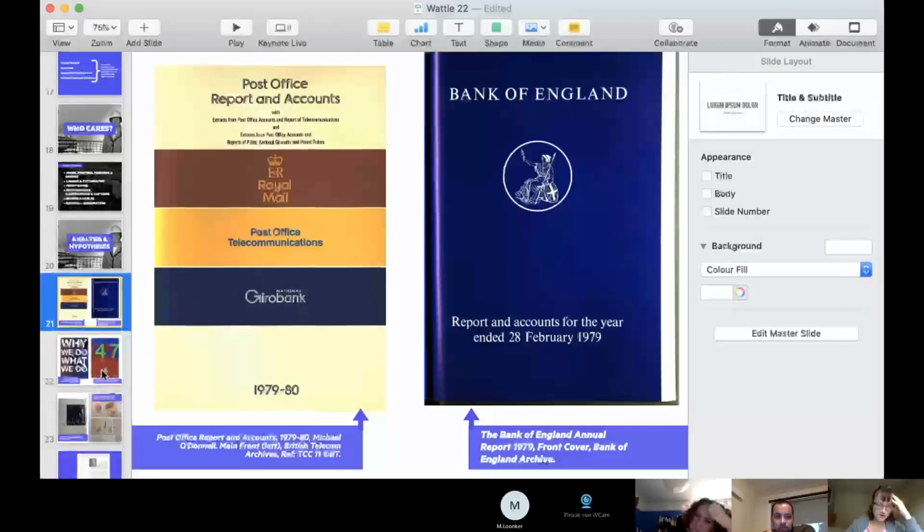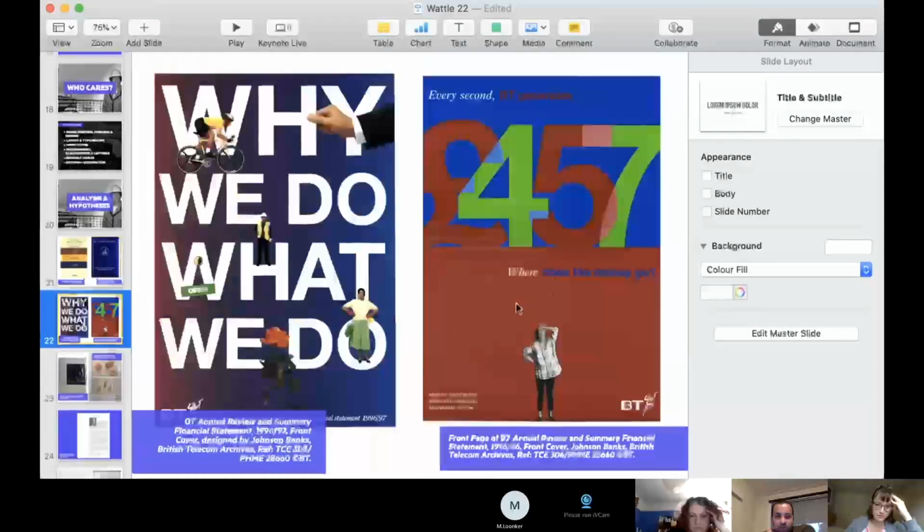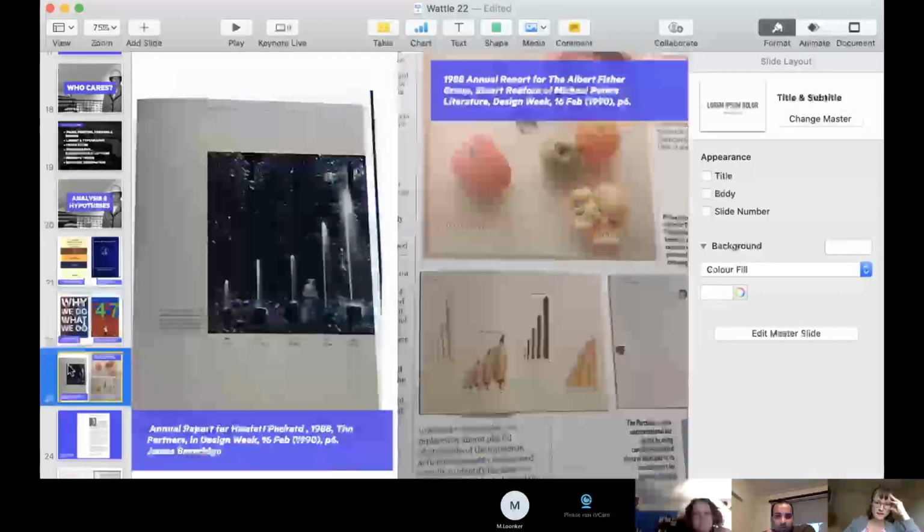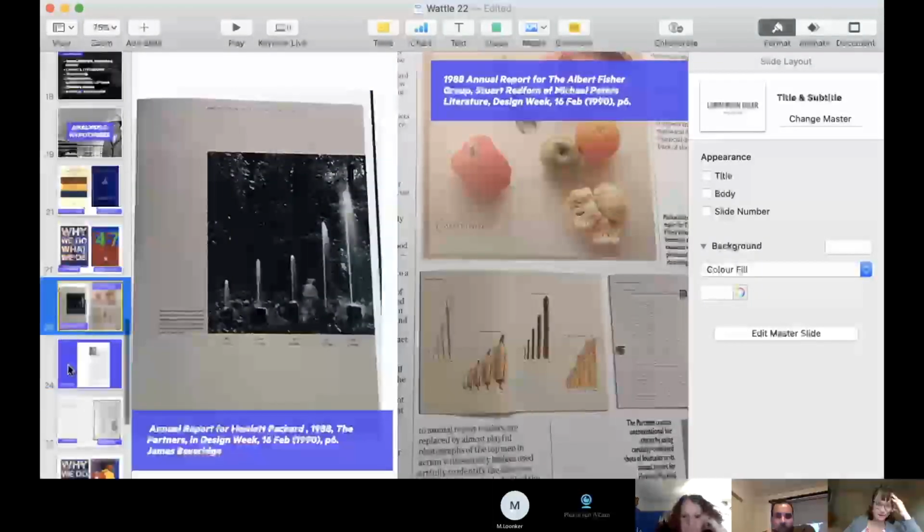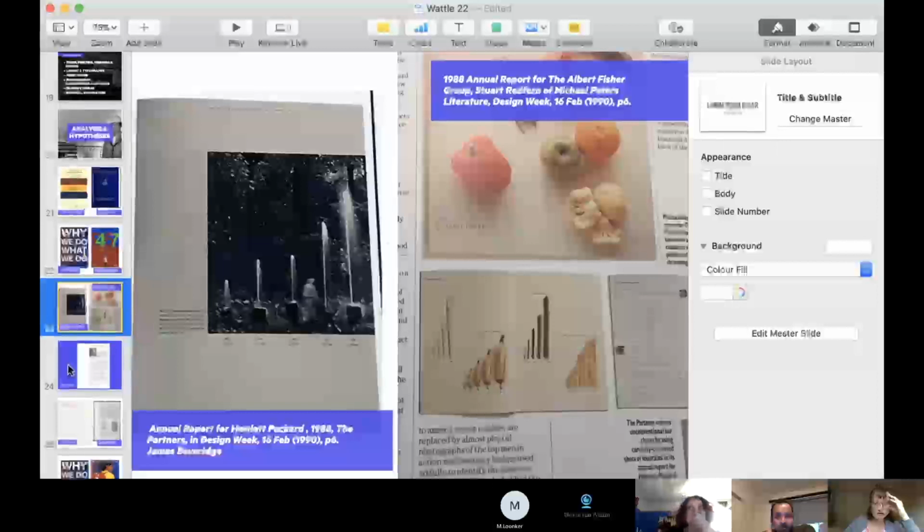Then they go from looking like this to something like this. The one on the right there is actually like a newspaper that folds out. And here we have some graphs that have been stylized, maybe a bit too much so, for the purposes of trying to convey financial information.